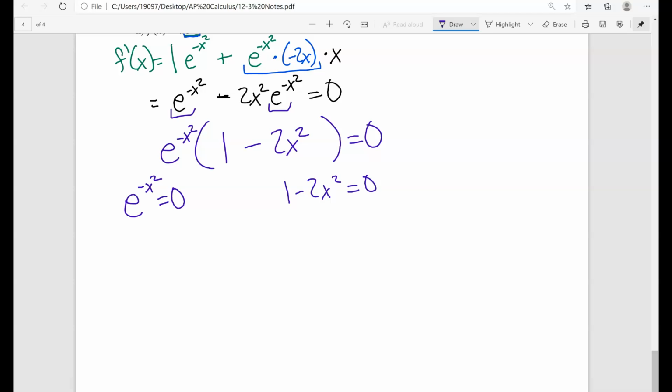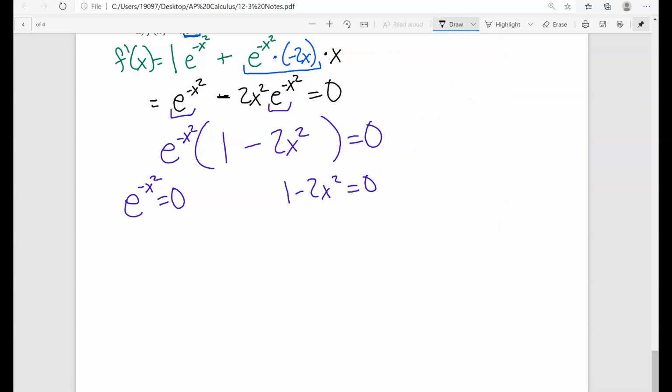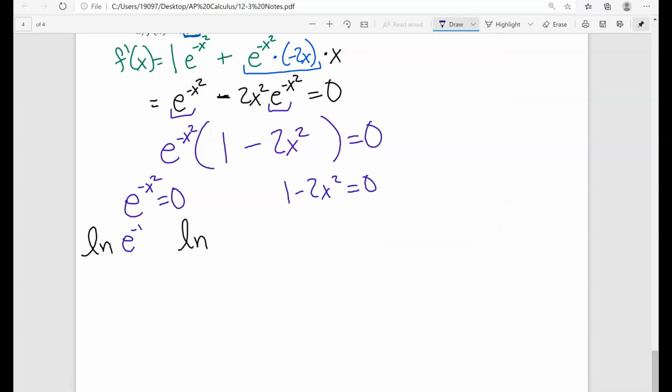And here, if you remember how to solve this, how can I solve this guy? Well, the opposite of taking an e is taking a natural log. So I'm going to take a natural log to both sides. And what I'm left with is e to the negative x squared and then 0. However, ln of 0 is impossible. So here we actually have no solution for that guy. There's nothing there. And also, e is always going to be positive. Something that's positive is never going to be 0.